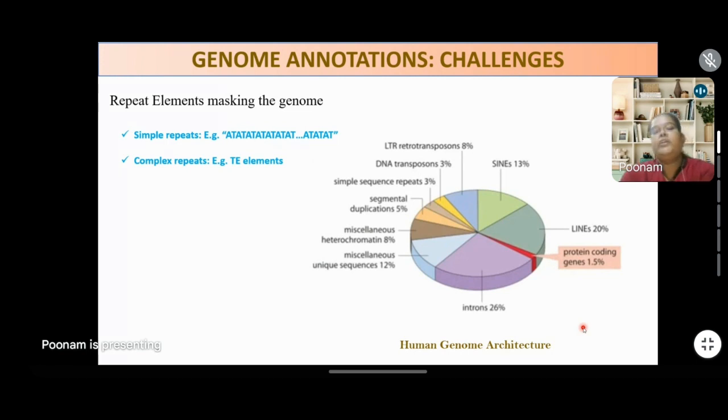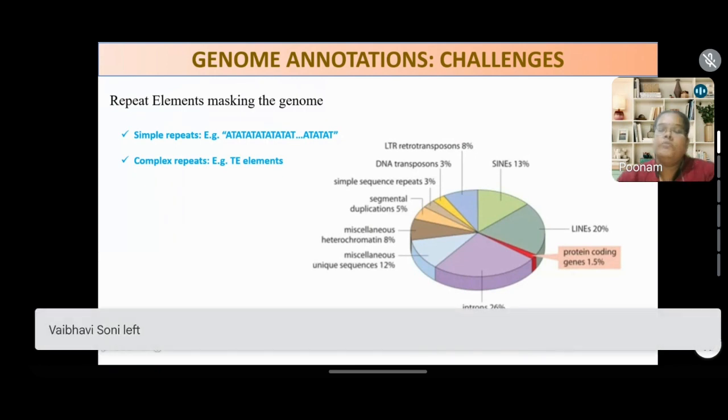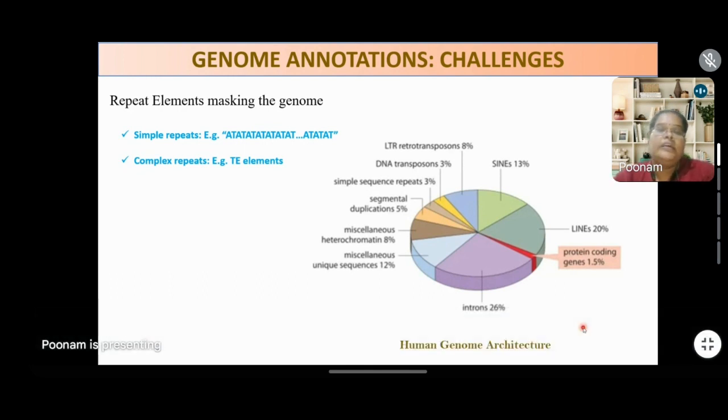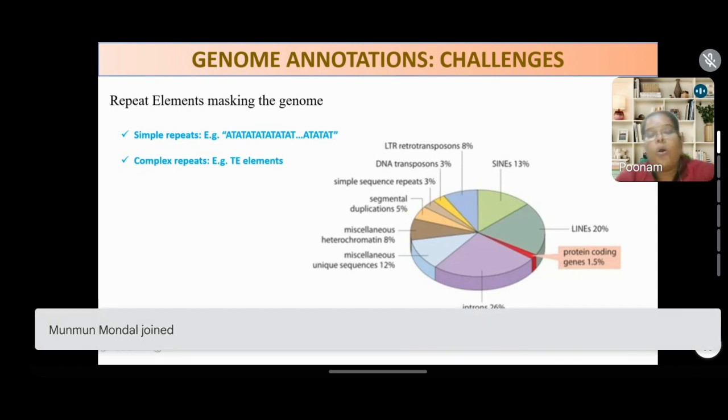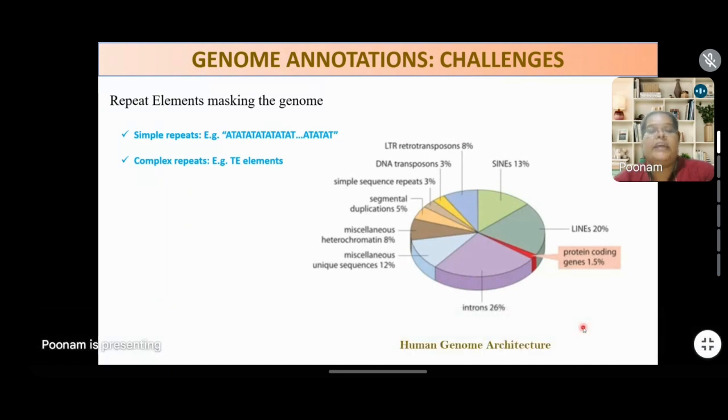Initially, if you can recall, there was the C value paradox. That was the term I used and tried to explain, that as the genome complexity or the complexity of the organism increases, it does not correspond with the C value, or the haploid genome size, of the organism to which the complexity is assigned.